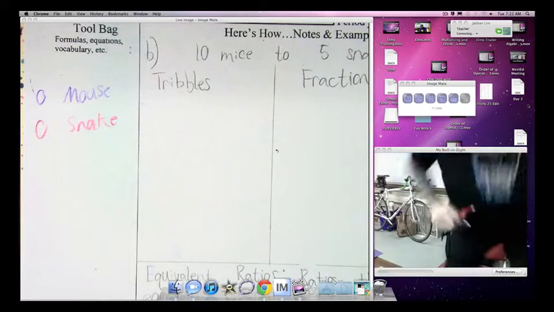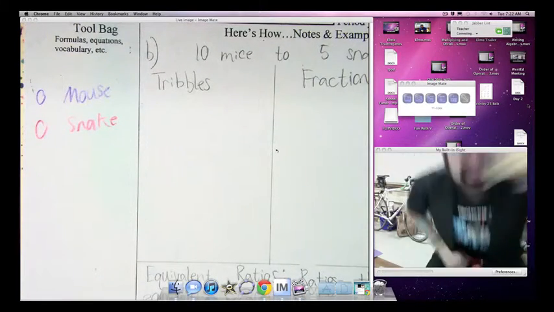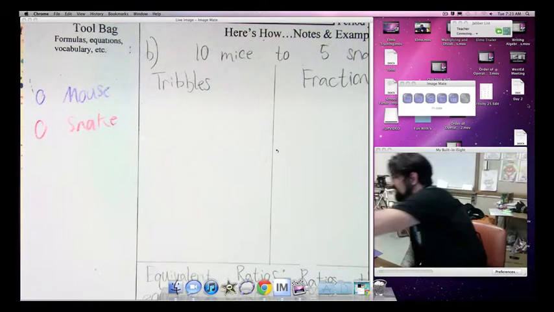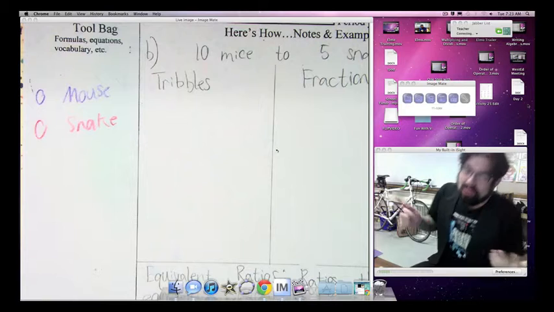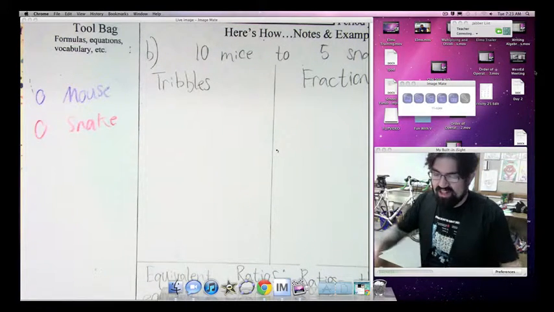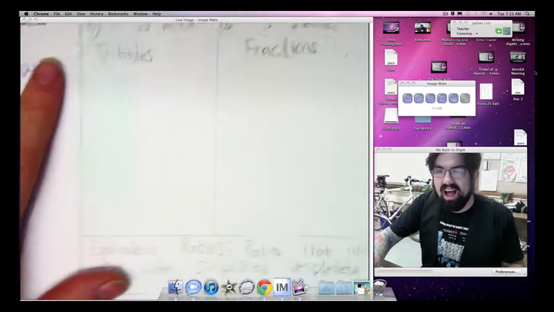And just because I'm like that, these are mice. Oh, so cute. Yeah, they're gonna get fed to snakes. My snakes are hungry.